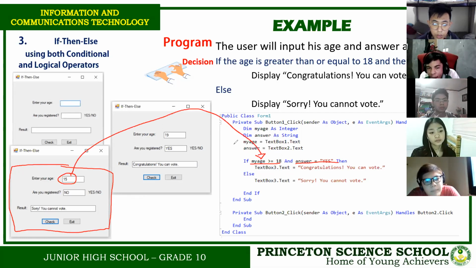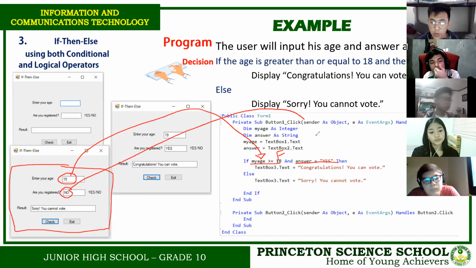Looking at our first condition, what they are looking for is equal or greater than 18. Since 15 is lower than 18, this makes this statement false. Then looking at the second condition, the answer is no, while the string should be equal to yes in this example.